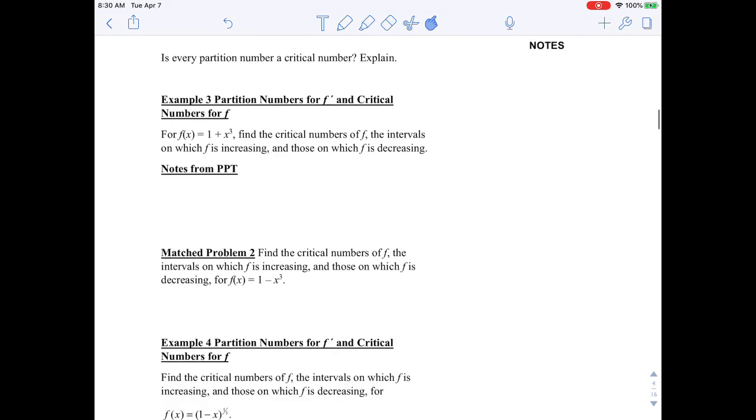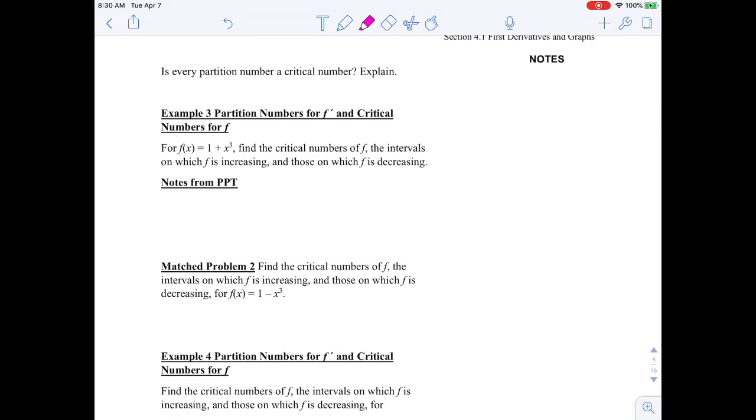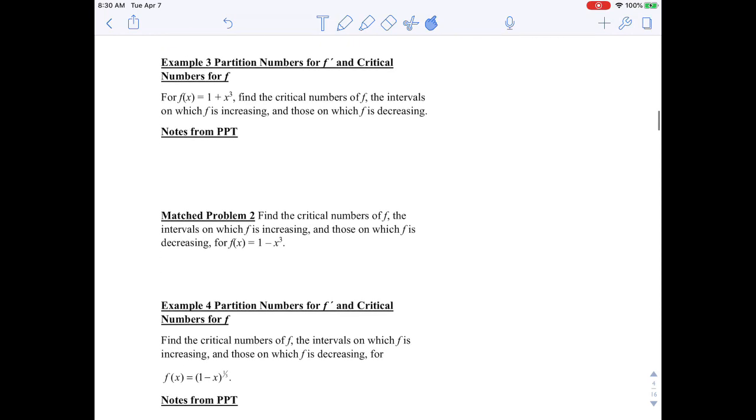One big thing is that not every partition number is a critical number, because if it's not in the domain, then it can't be a critical number. So let's find the partition numbers and critical numbers. Basically, is the partition number a critical number is what we're finding here.